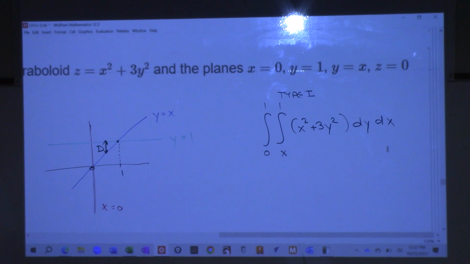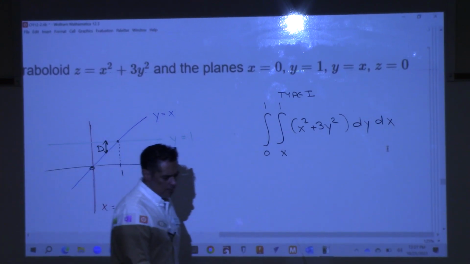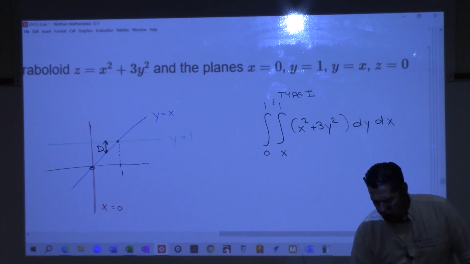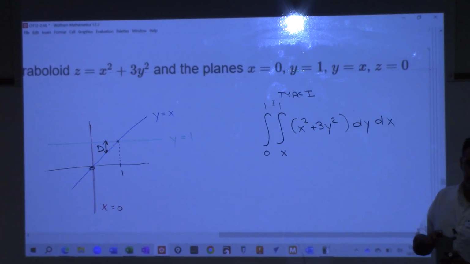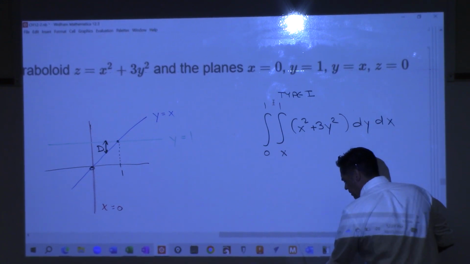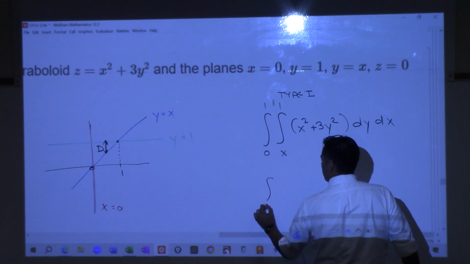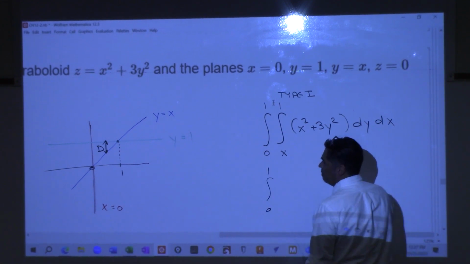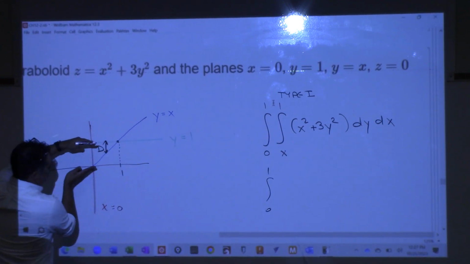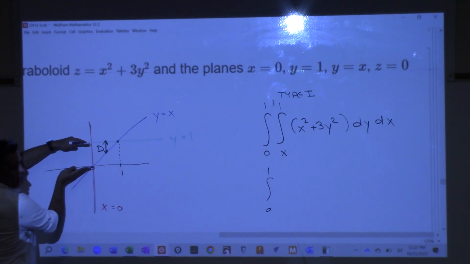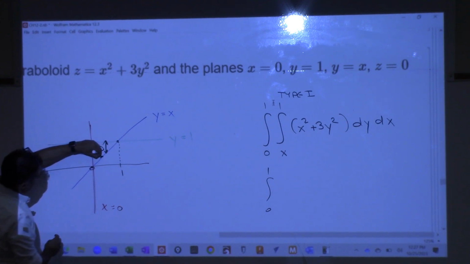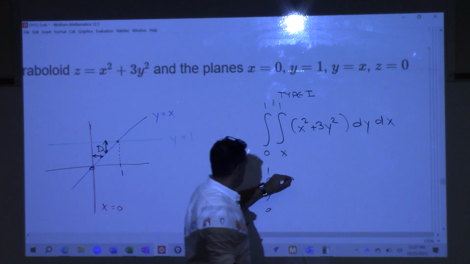Other questions? If we want to make it type 2, what would it be? It's always going to be your restrictions on y first, 0 to 1, right? But now you have to go this way for your restrictions on x.